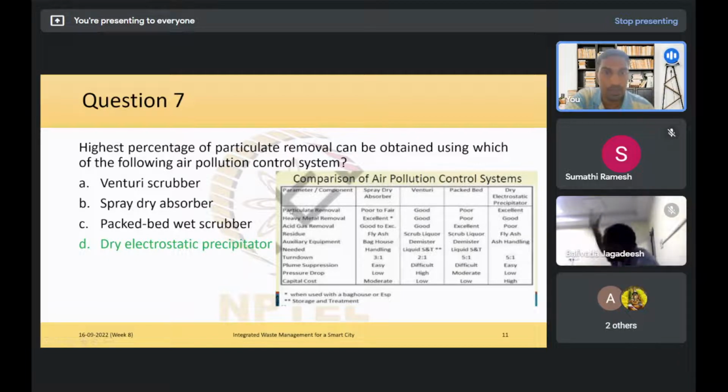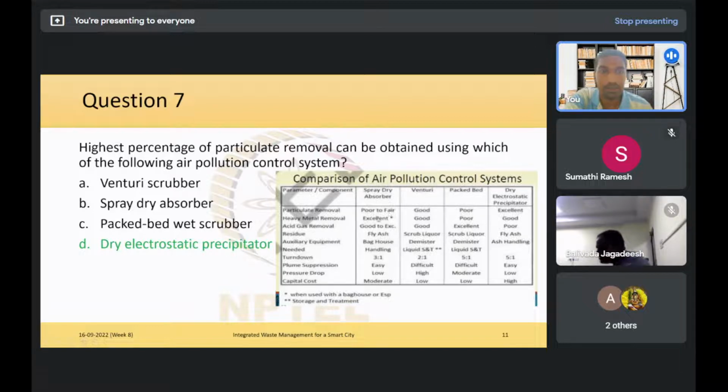With respect to particulate removal, the dry electrostatic precipitator provides an excellent removal, whereas the others are not that good relative to this. Each of these is targeted at filtering different things. For heavy metal removal, the spray dry absorber performs better, right?